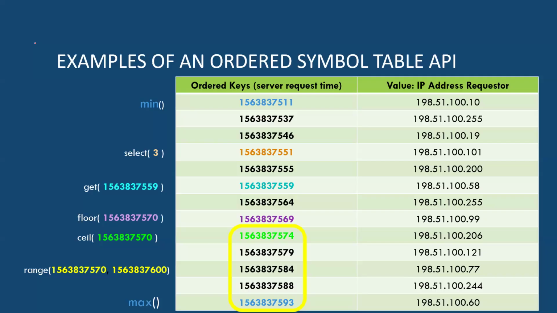One of the reasons I like to highlight that is because when we work with libraries in C++ and Java and other languages, we see symbol tables that support these things, and it's like, huh, that seems familiar. Well, that's because those symbol tables are implemented with a binary search tree underneath the abstract data type. The API, or application programming interface, is another term people use, really reflects the underlying architecture.